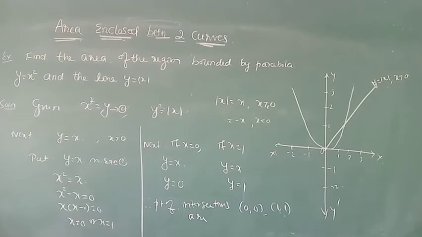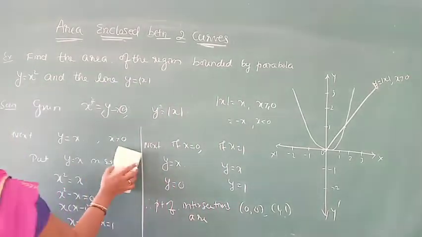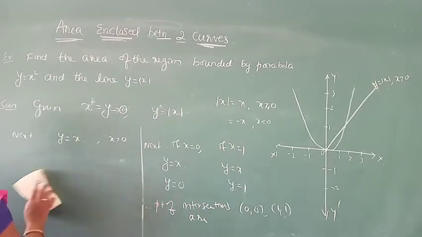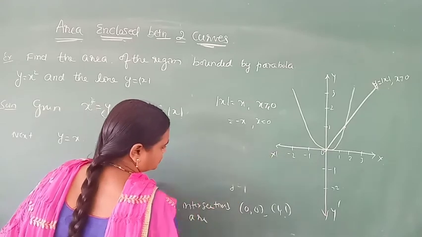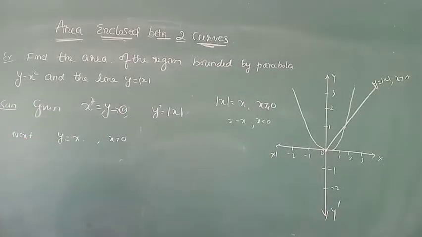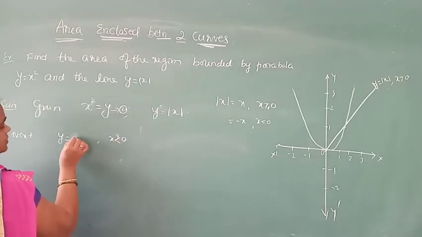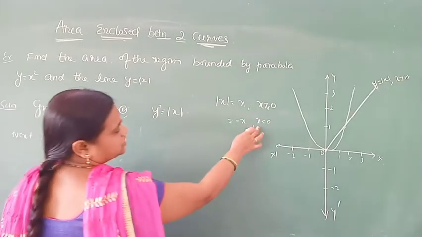Okay, and next calculation, if x is less than 0, then |x| is -x.